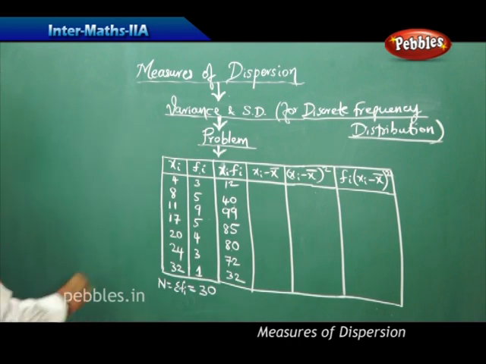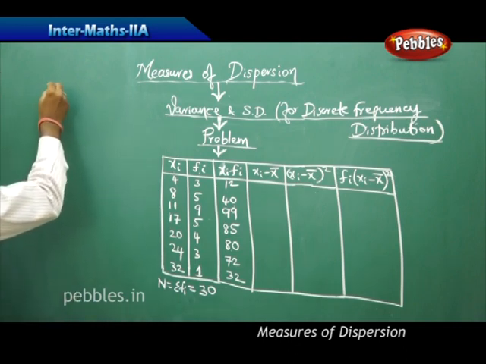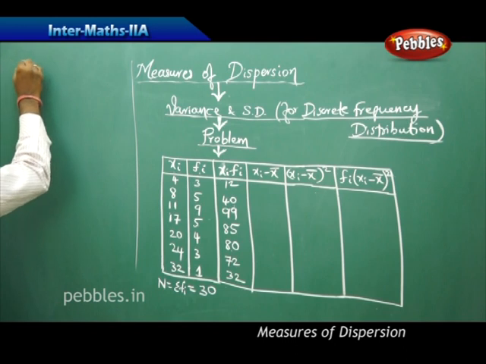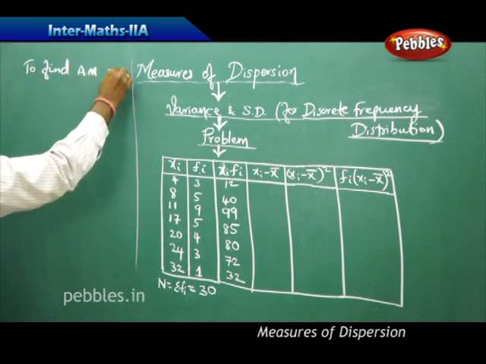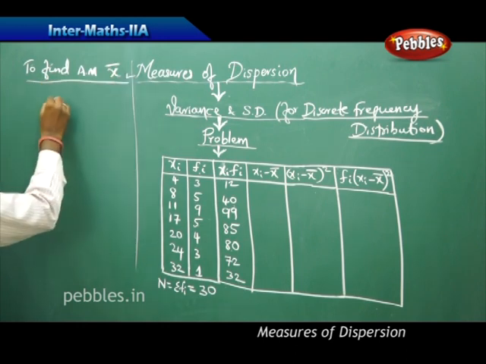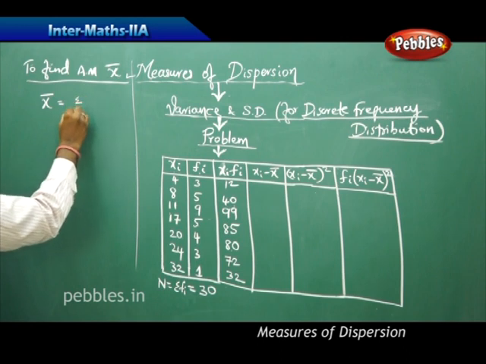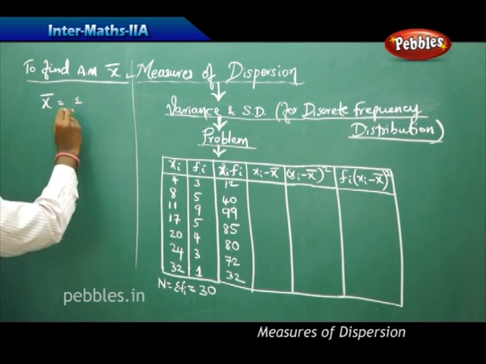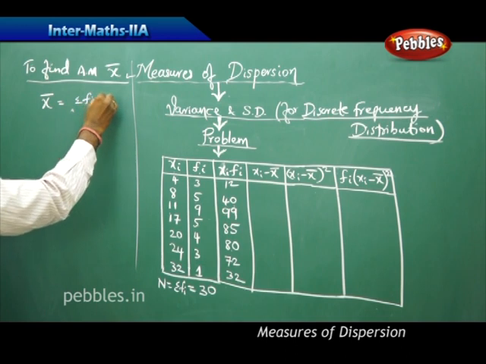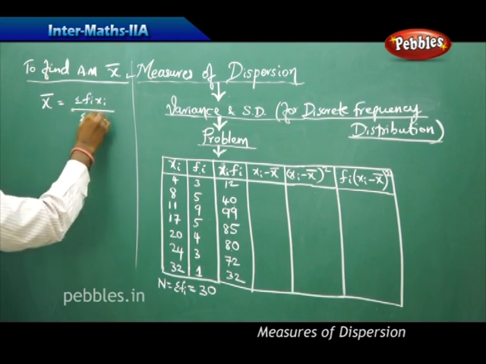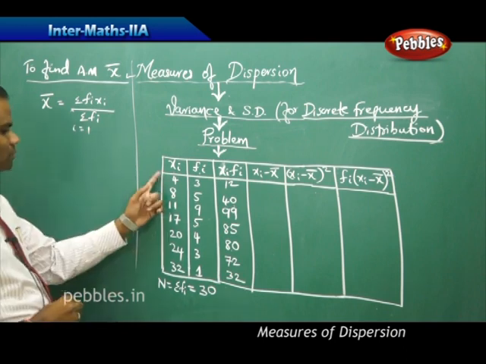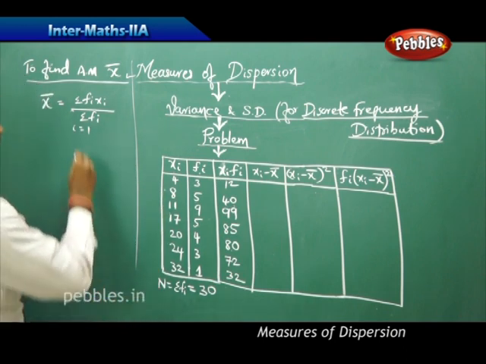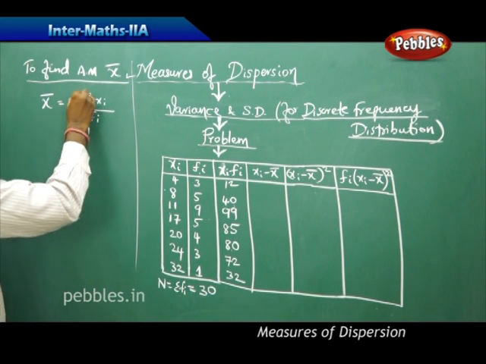Now let's see how we can find x bar. As we know, to find the arithmetic mean x bar for this score, x bar is sigma fi xi by sigma fi, which is the formula here, with i running from 1 to 7 in both.